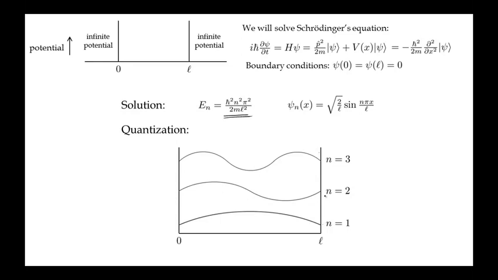Okay, and of course, if you're given any particular arbitrary psi of x, you would decompose it. You would write it as the sum of alpha sub n psi sub n of x.